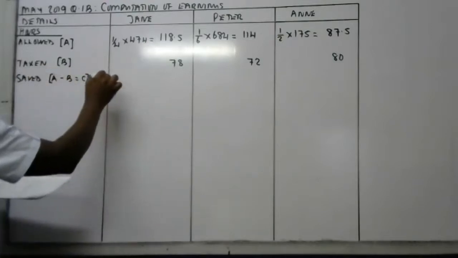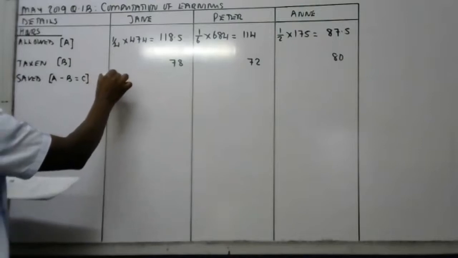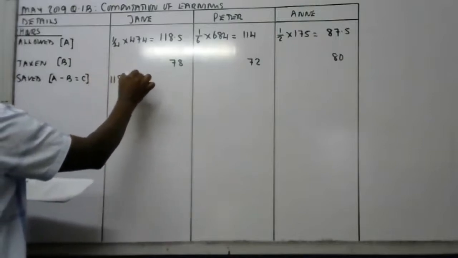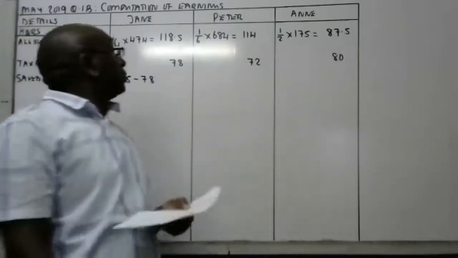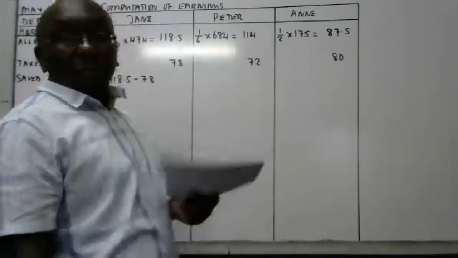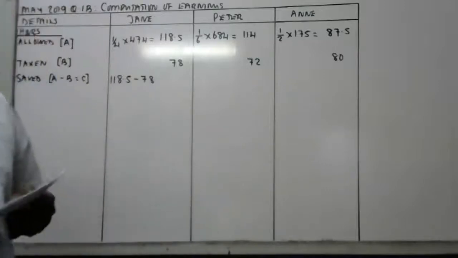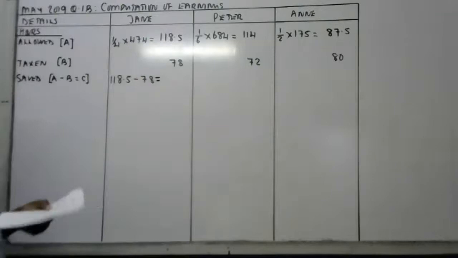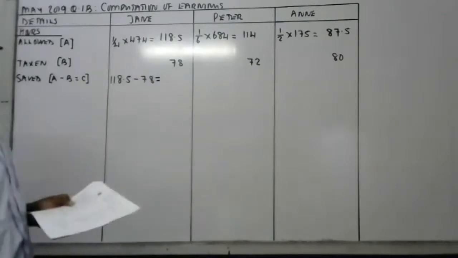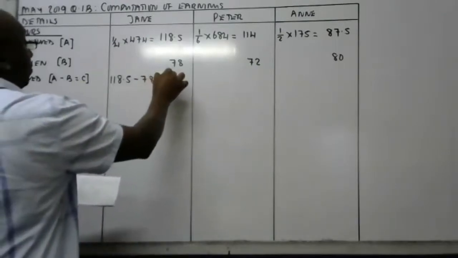So here I'll be talking of 118.5 minus 78. Those will be how many hours? 40.5.